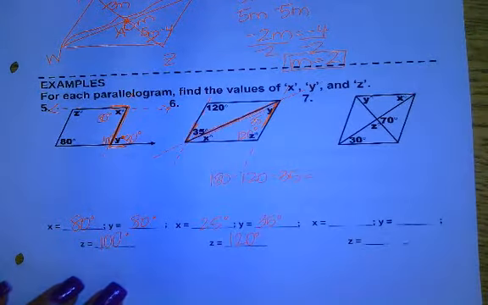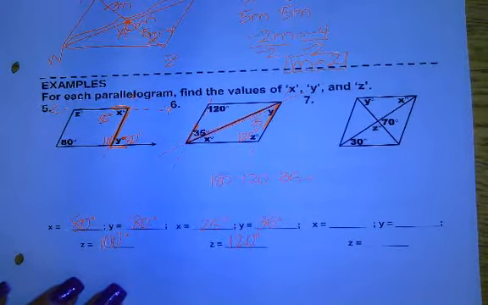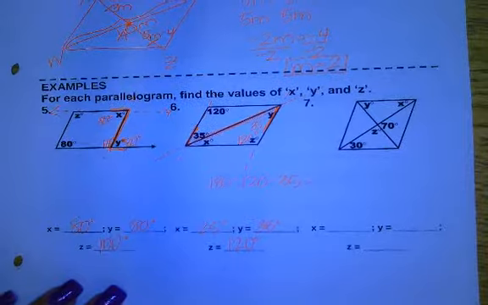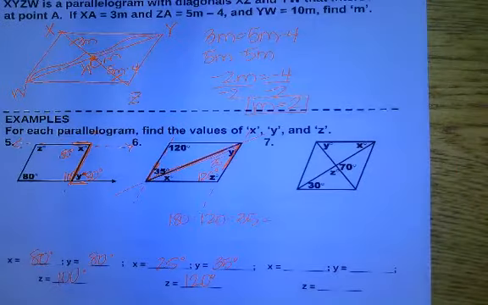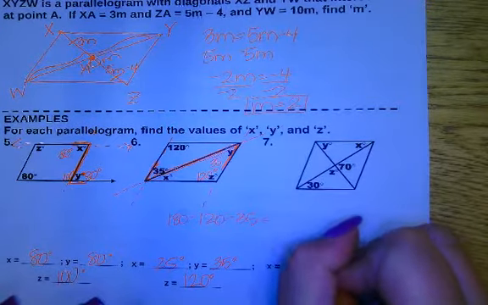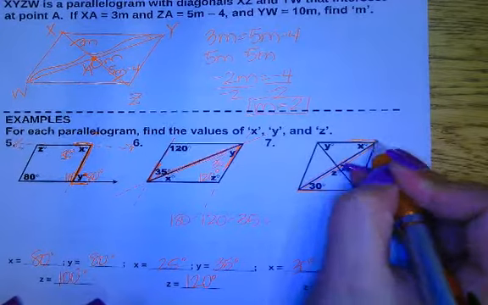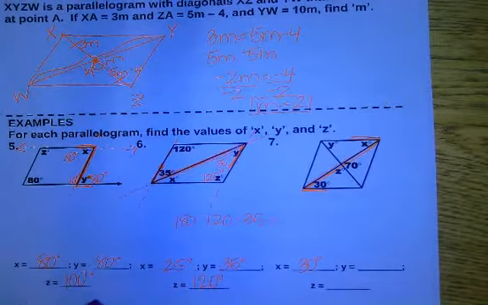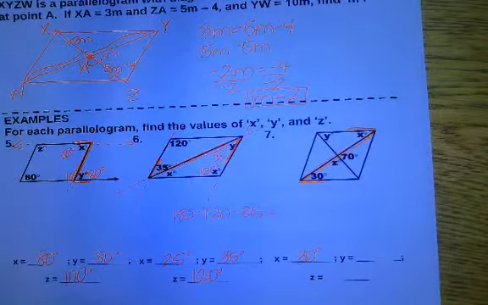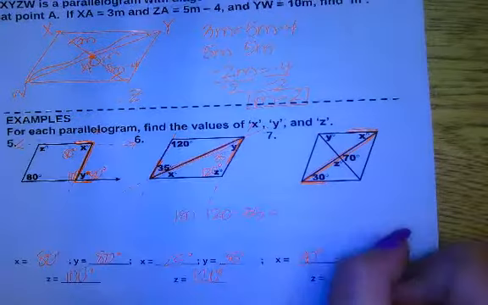Questions on 6? Okay. 7. Give me an angle that we know, which is 30. Y, because alternate interior angles again. Okay, what else do we know? Z is 110.